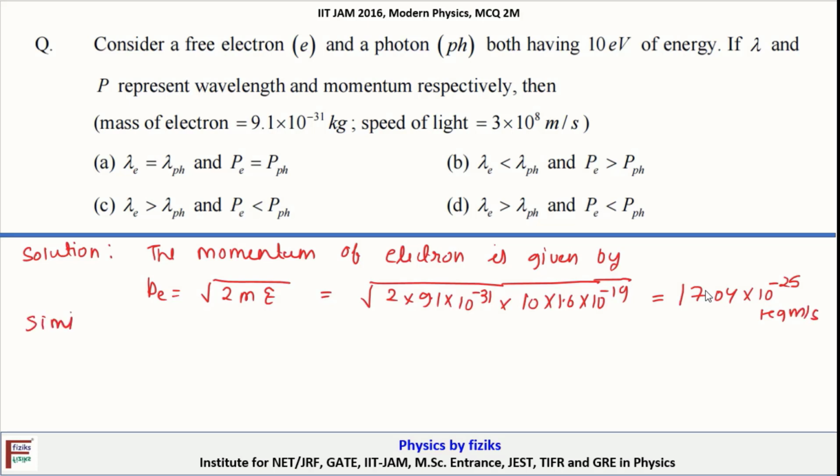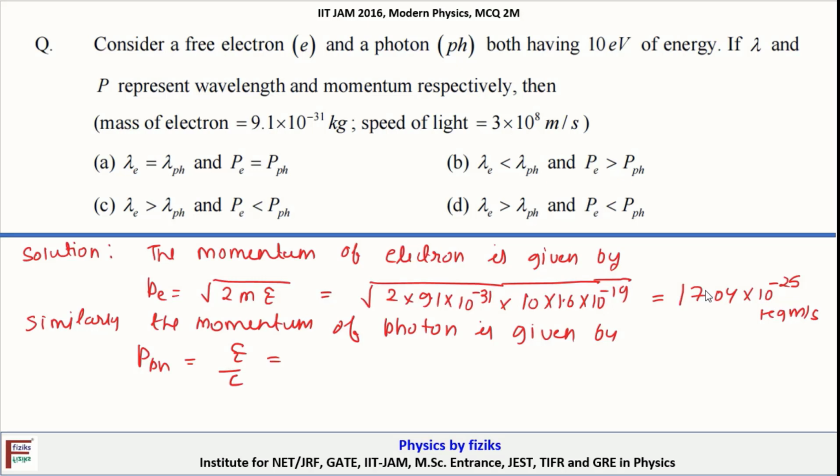Similarly, the momentum of photon is given by P_PH is equal to E by C, 10 into 1.6 into 10 to the power minus 19 divided by 3 into 10 to the power 8.